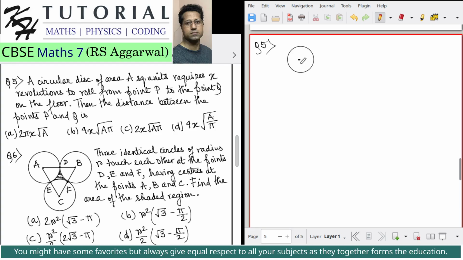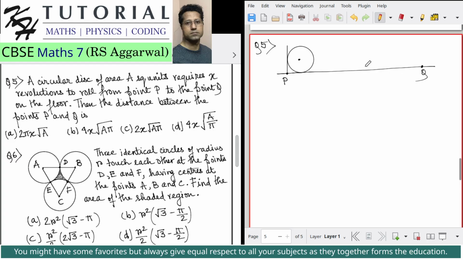So basically, let's say there is a floor. This is the floor, this be the point P, and let's say from the point P the disc is moving to the point Q, and it requires X revolutions.